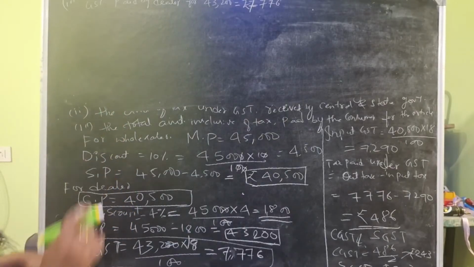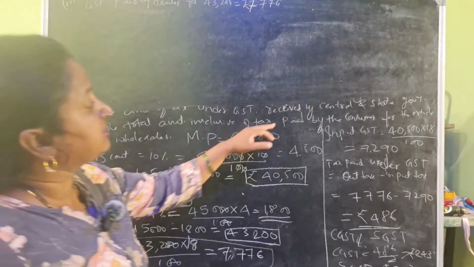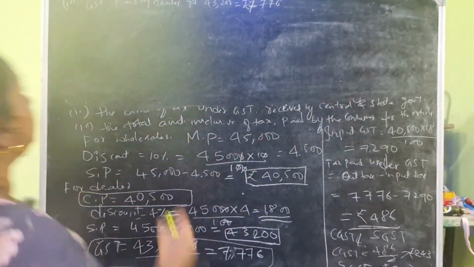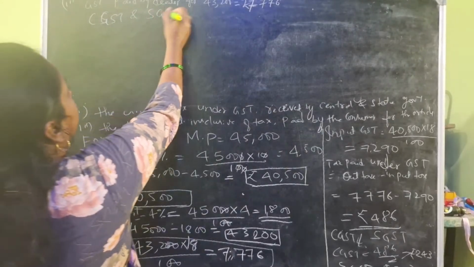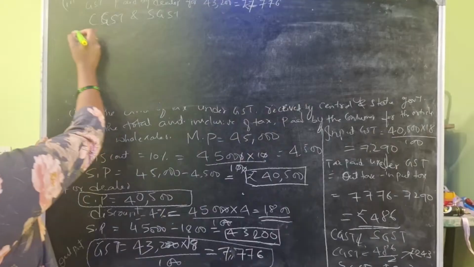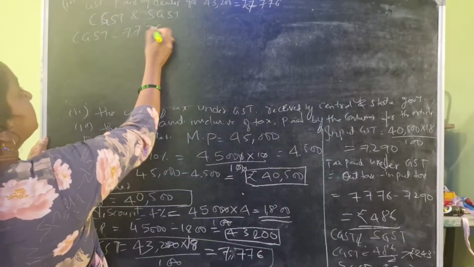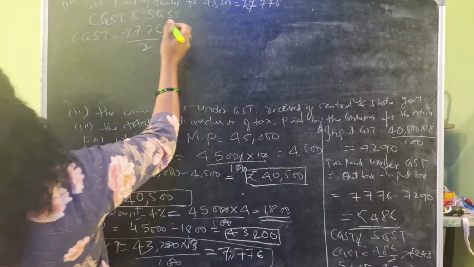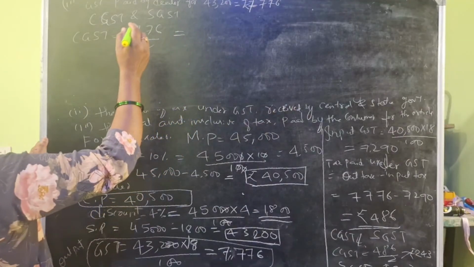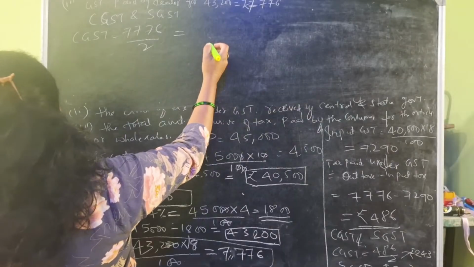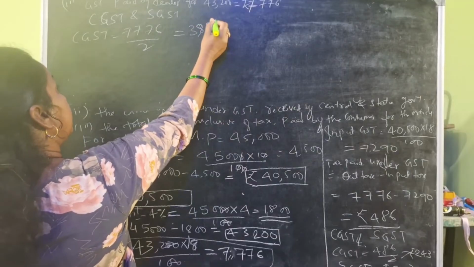So in this we have to find the tax received by state and central government. That means CGST and SGST we have to find. That means half of GST amount, that is CGST is equal to 7,776 divided by 2, which is equal to 3,888.